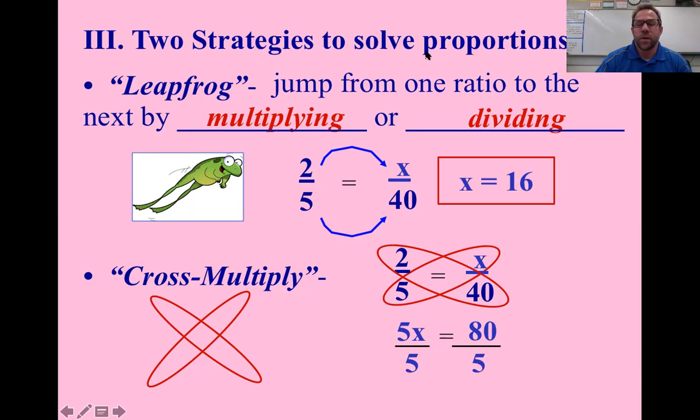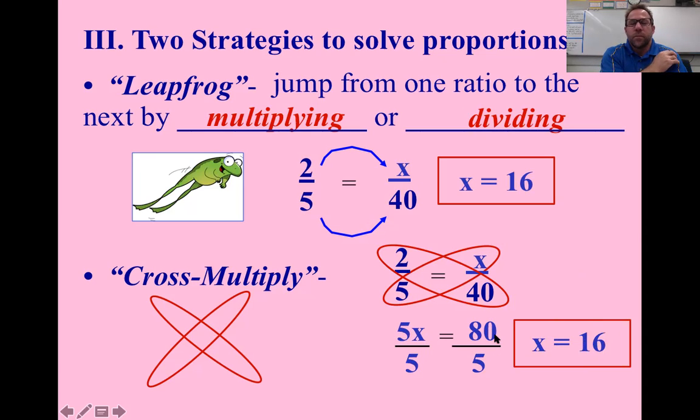When I divide by 5, I get 16. 80 divided by 5 comes out to 16. Those are the same answer, right? You can get there by leapfrogging, and you can also get there by cross multiplying.